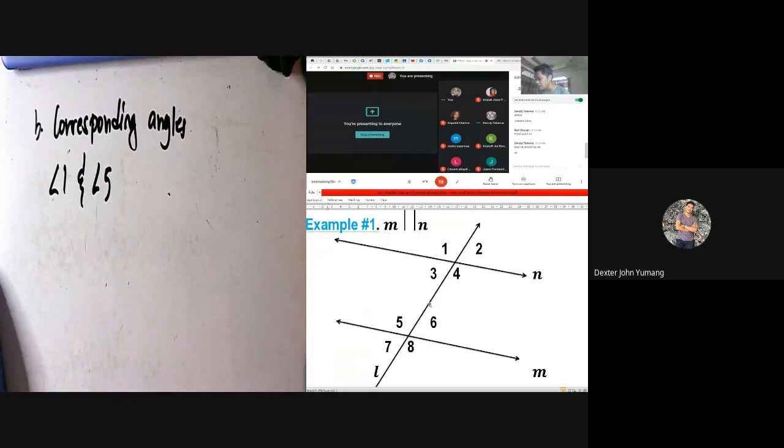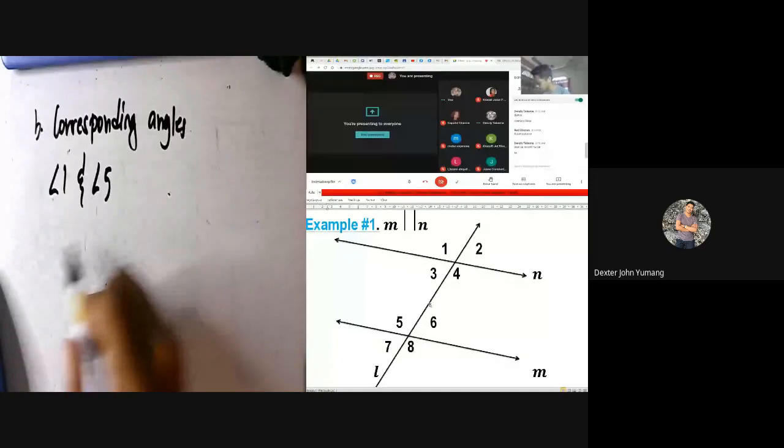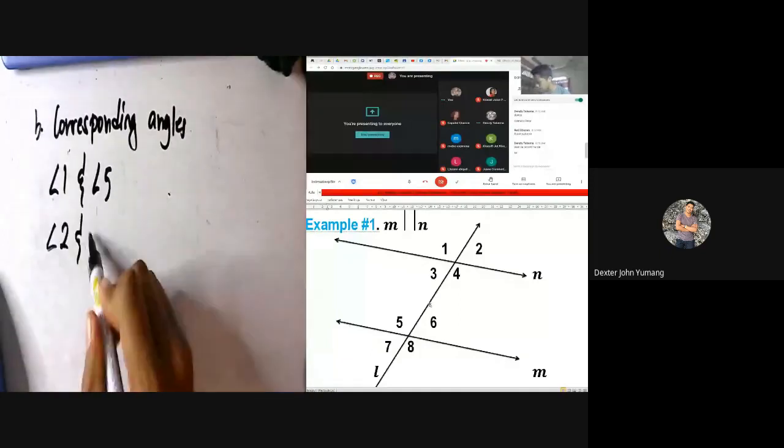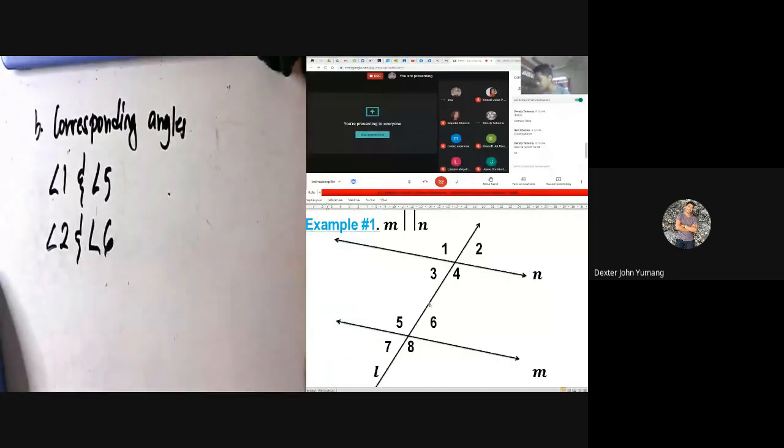Saan dyan si 1 and 5? Observe nyo si 1 and 5. Yan po yung corresponding angles. 1 and 5. Kung nasa taas si 1, dapat yung partner niya nasa taas din ng kabilang linya. Okay? Next, angle 2 and angle 6. Okay? Nakuha?